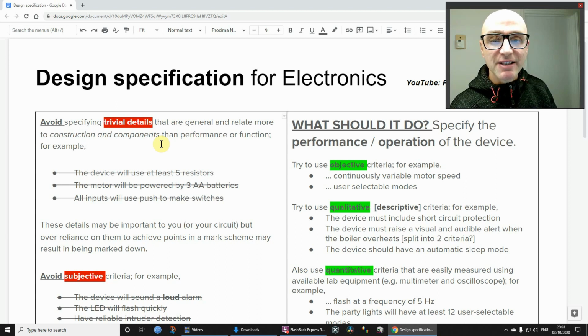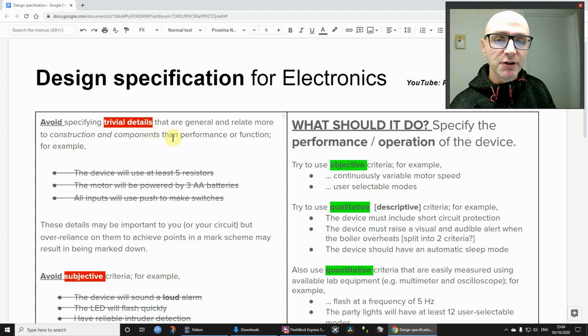Yeah, that might make it a technical challenge, but it's not really what the design specification is for. So avoid detailing either how you could construct it or the components, unless, for example, it's critical to solving the problem.